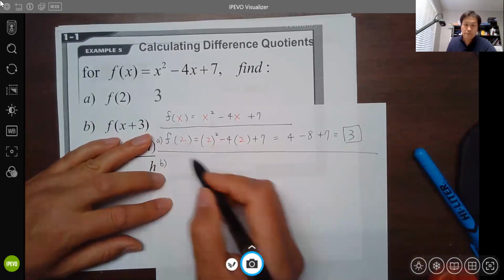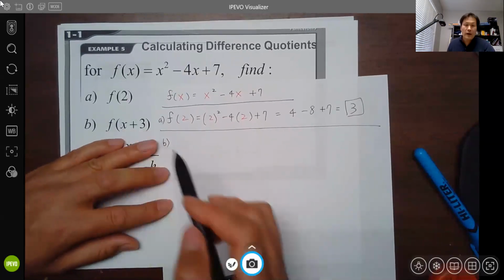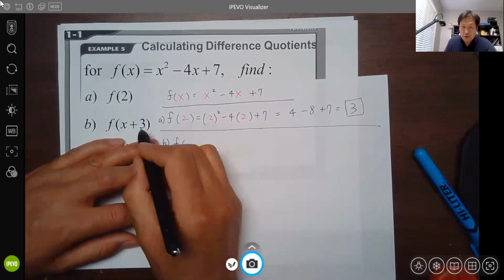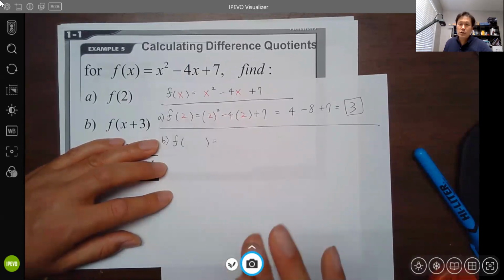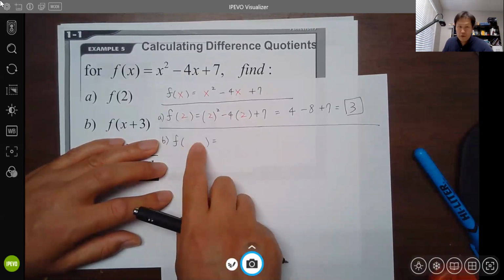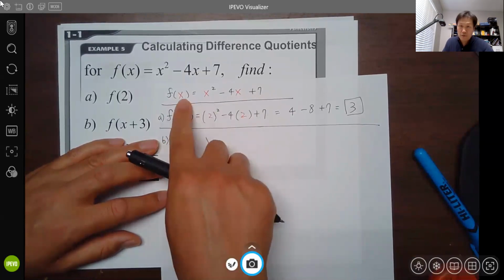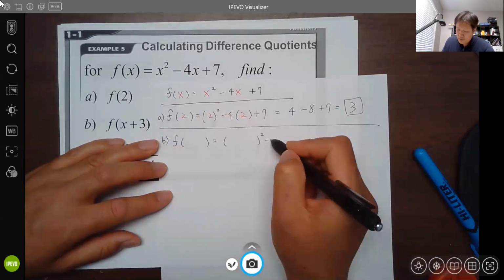B. f of x plus 3. Same thing. f of x plus 3. I need a little bigger parenthesis. Until you really get used to it, do not fill that in with x plus 3 yet. Just look at this structure, the function definition, and try to lay it out first.